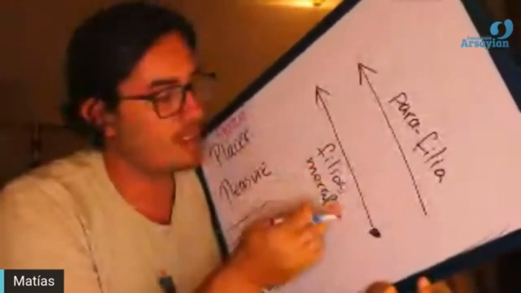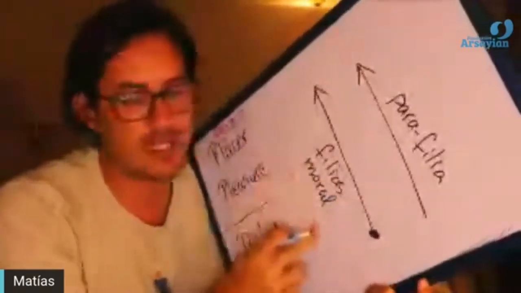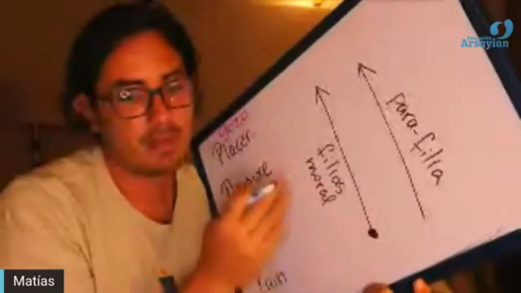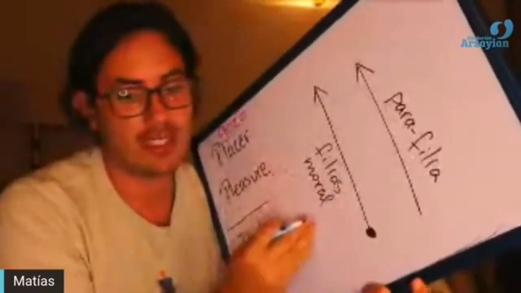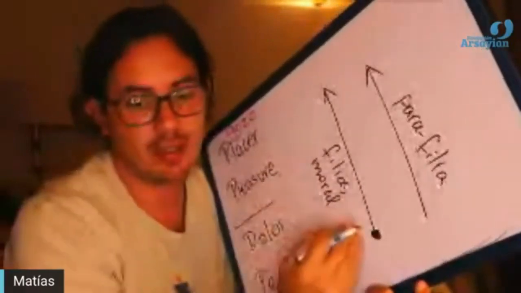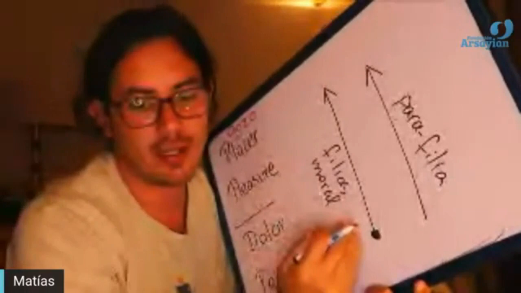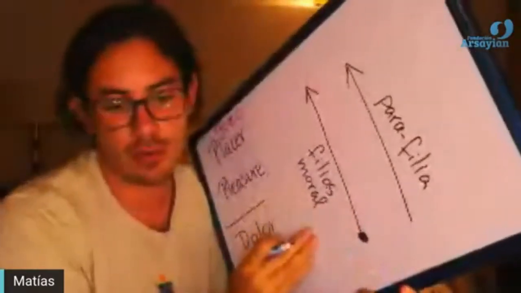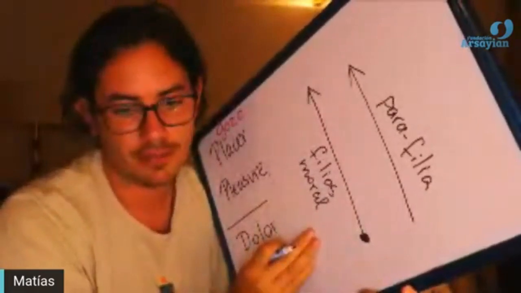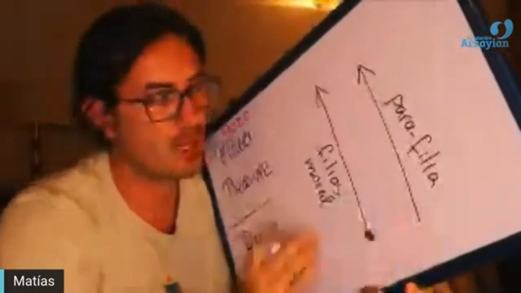So the philias are controlled by a morality, but paraphilia are not controlled by morality. So they say that's another thing, like another path that you are taking, which is not through morality. It's a parallel reality.